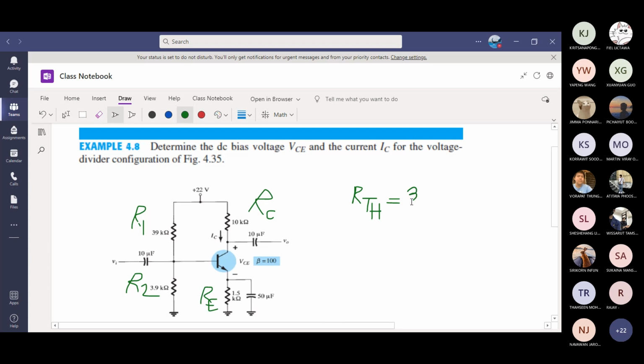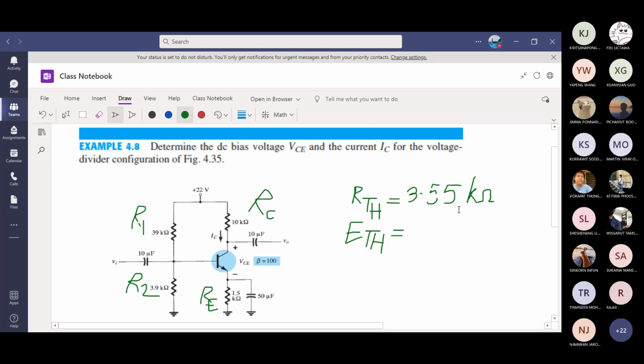Can you follow the step? Yes. Next, you have to find ETH, the Thevenin voltage for the source side. It is VCC times R2 divided by R1 plus R2.